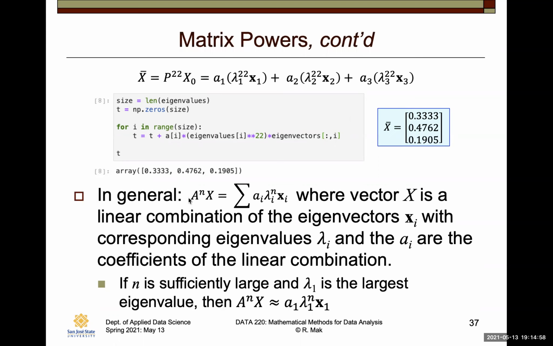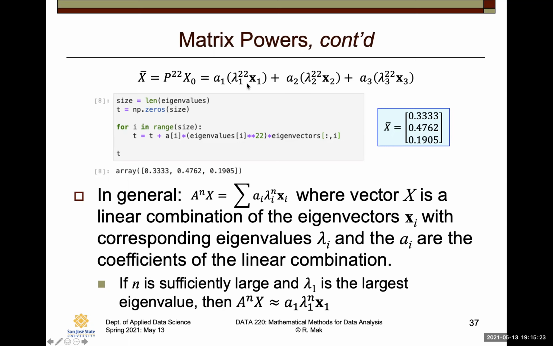Now if n is large, let's say this is a pretty big number, it turns out that you can arrange this equation so that the first term has the largest eigenvalue. You can arrange these terms in any order.